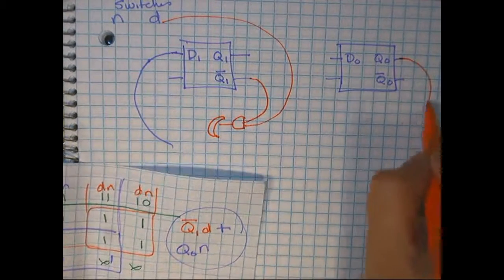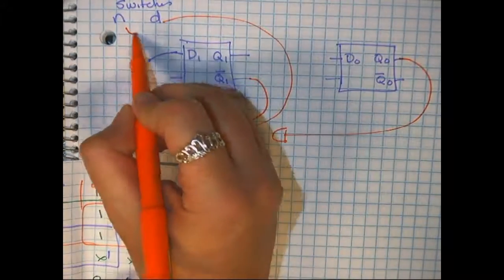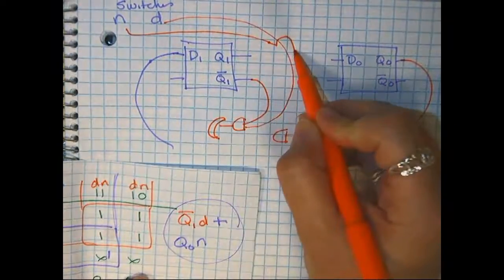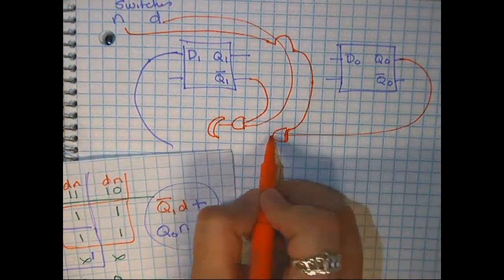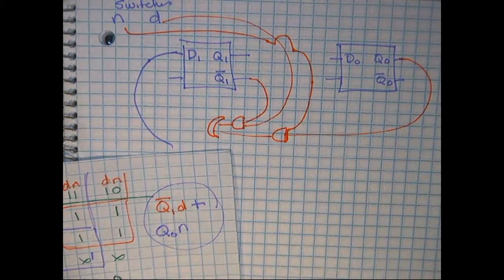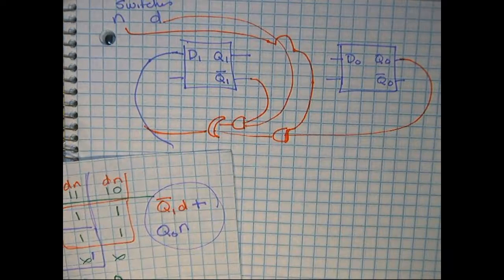Before that, you have to AND it with the N, right? So I'm going to do my little jump so that we see that that's not connected going over there. We'll jump over the wire. And then what do I do with that AND? Put it into the input of the OR. It needs to go into the OR, and then that's going where? It connects here to my D1 that I have there.